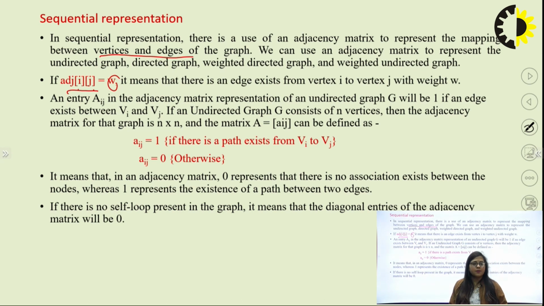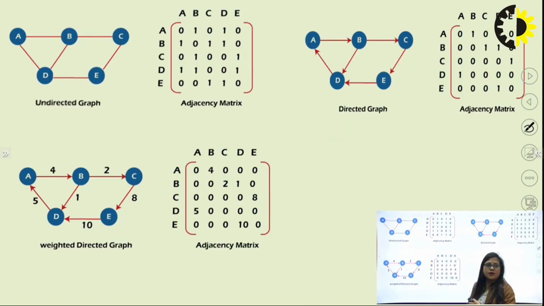Let's understand sequential representation by example. There are 3 graphs here. The first one is undirected, the second one is directed, and the third one is a weighted directed graph, and each graph is represented in matrix form. I will explain each one by one. How many vertices are in this given undirected graph?